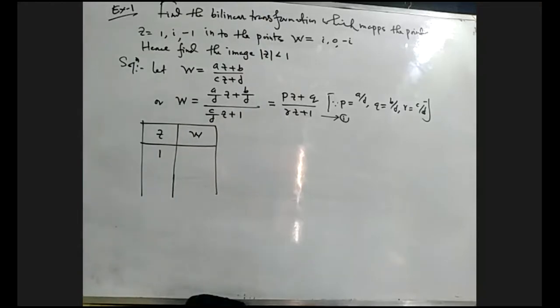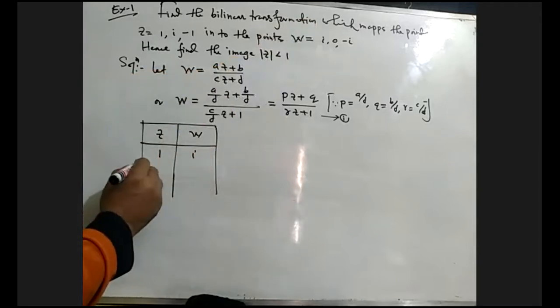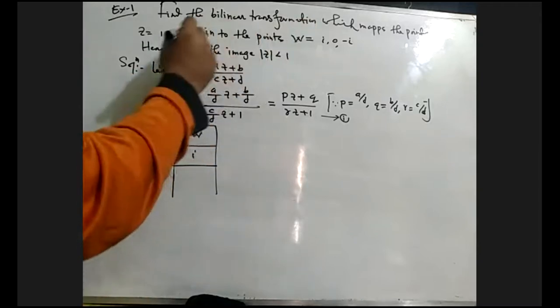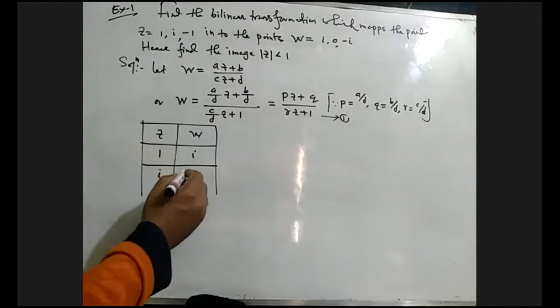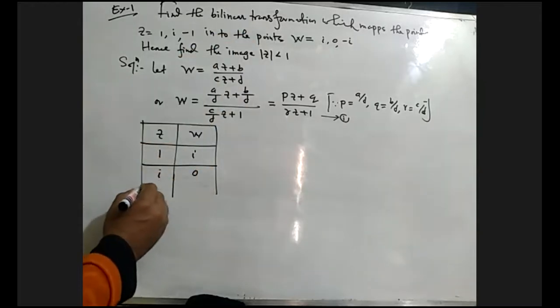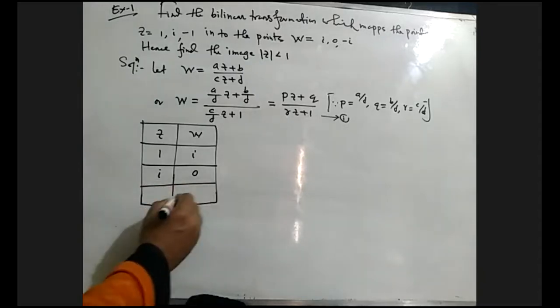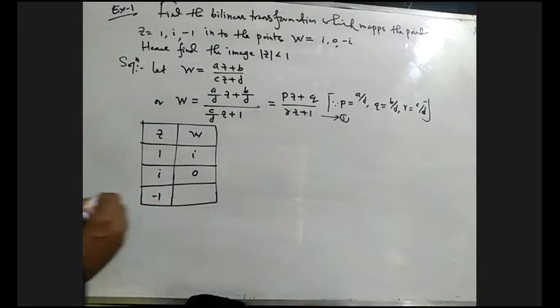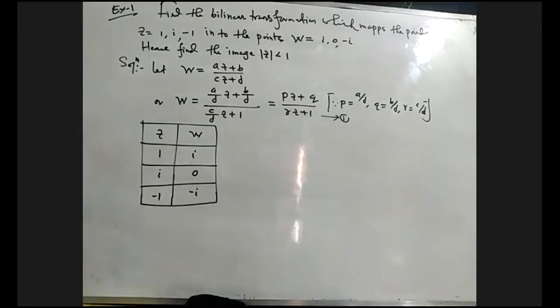If Z equals to 1, then W equals to what? i. Similarly, if Z equals to i, then W equals to what? 0. And if Z equals to minus 1, then W equals to what? Minus i.